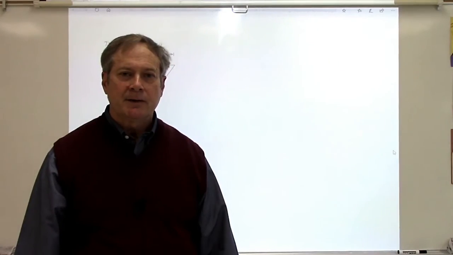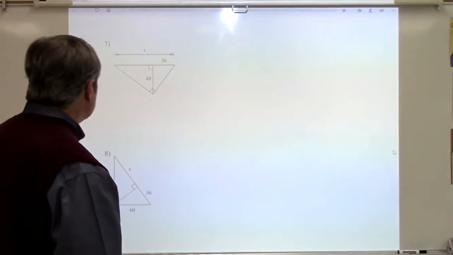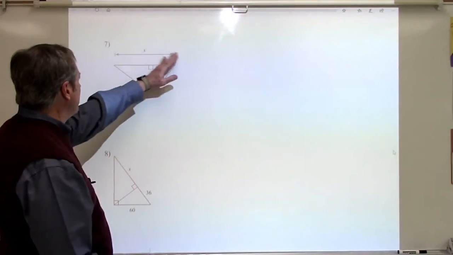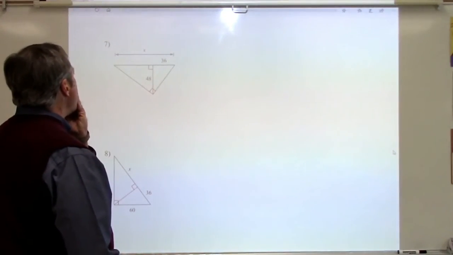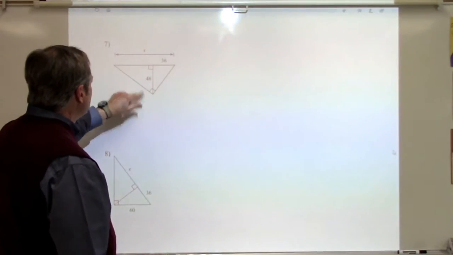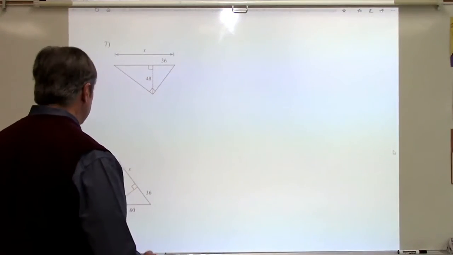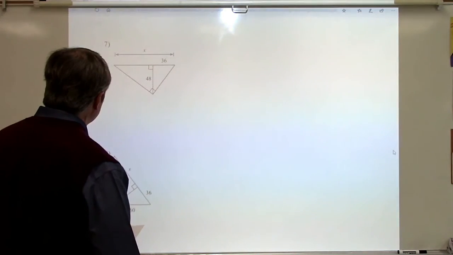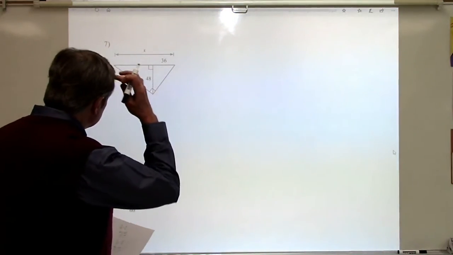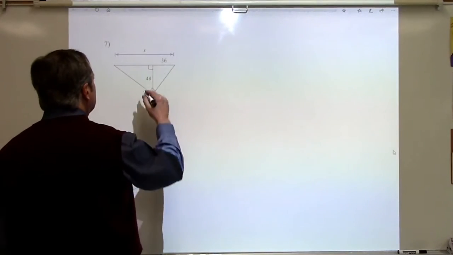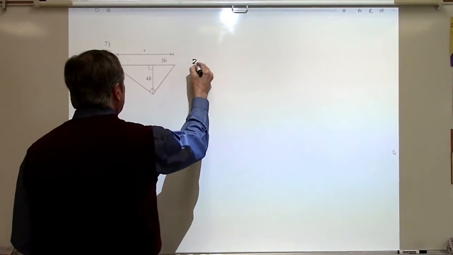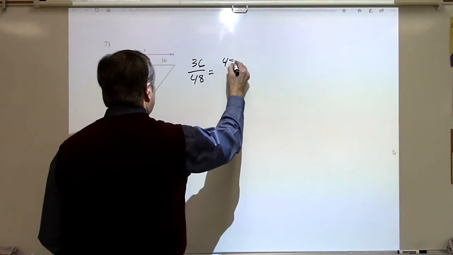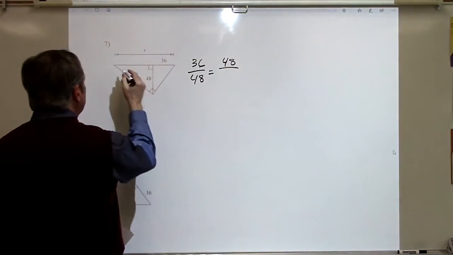All right, here we go, the last two, 7 and 8. Well, here I'm looking for the hypotenuse. I'm given, though, an altitude, so that makes me a little bit suspicious. So let's go with the formula that uses the altitude, and that's that this segment, 36, compared to the altitude, will be the same as the altitude compared to the other segment.